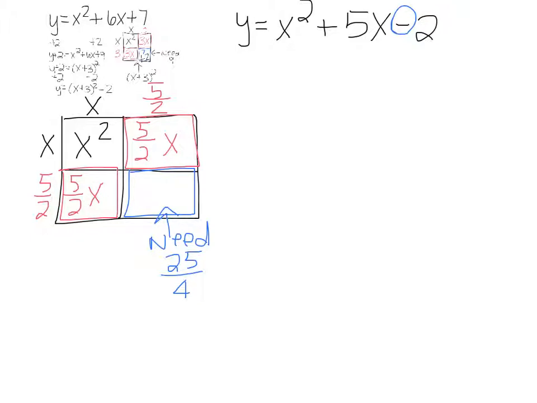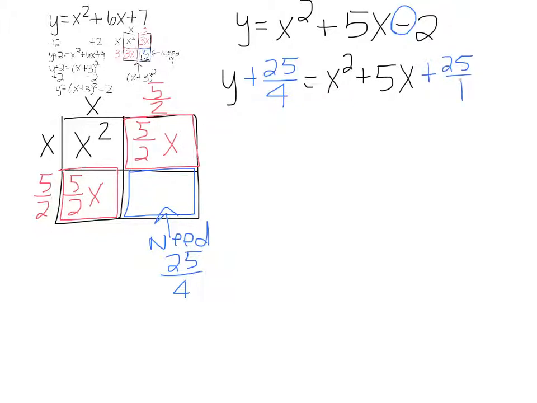What I mean by that is you have y plus 25/4 is equal to, and then you're still going to have the x squared plus 5x, and then you can add the 25/4, and then don't forget that you still have that negative 2 hanging out here.